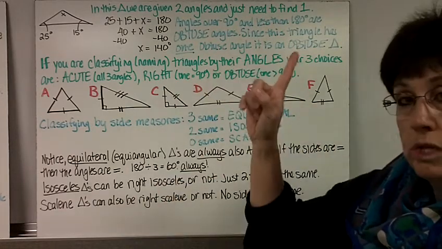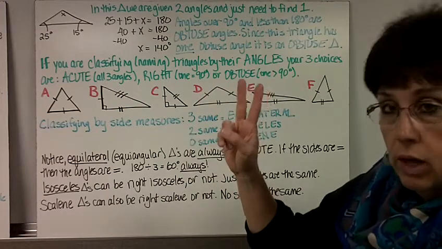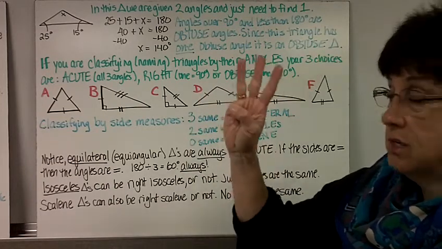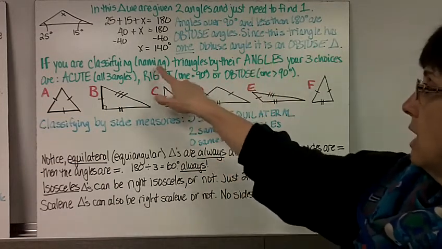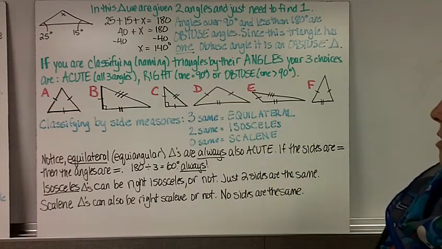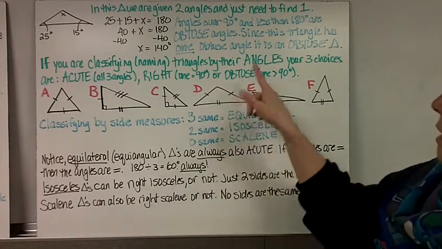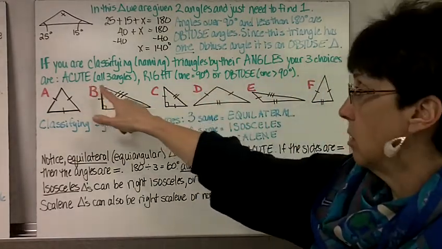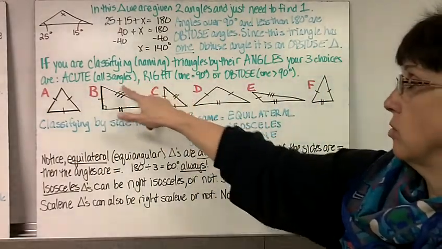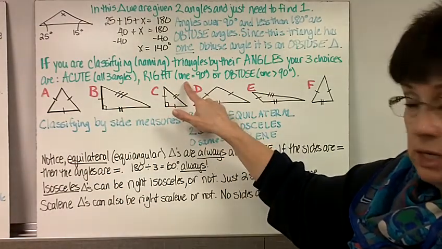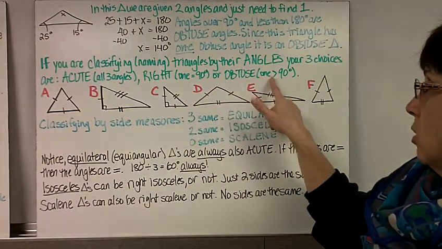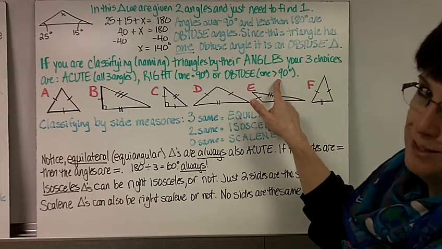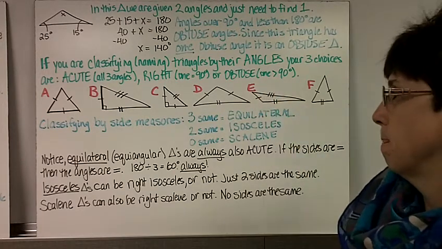So once again, you only need one to be obtuse, you need one to be right, but you need all three to be acute. So if you are naming triangles, classifying means naming, by their angles, your three choices are acute, all three angles acute, right, one is 90 degrees, or obtuse, one is greater than 90 and less than 180.